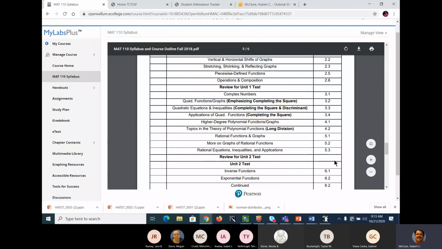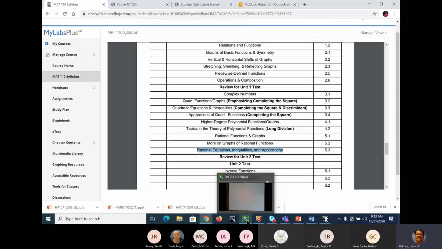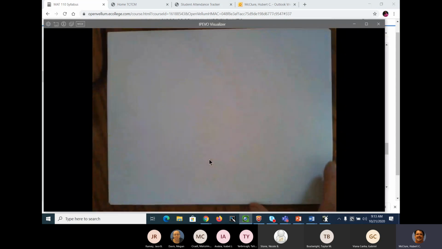5.1 is rational, more rational, and we might do some algebra in here in 5.3. But most of 5.1 and 5.2 is going to be your family of graphs. What do I mean? Well, remember a while back we had family of graphs.